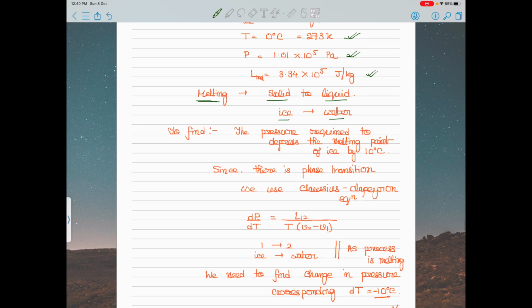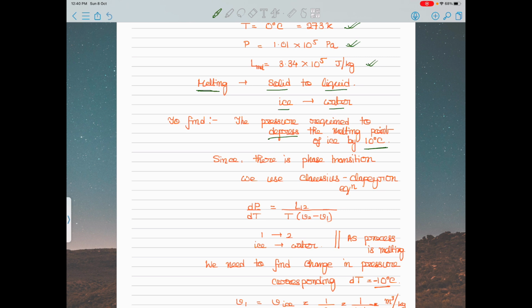Now, the key thing we need to find out is the pressure required to depress the melting point of ice by 10 degrees Celsius. Since it is involving phase transition from one phase to another, we use the well-known expression for how much the change in pressure will be relative to the temperature.